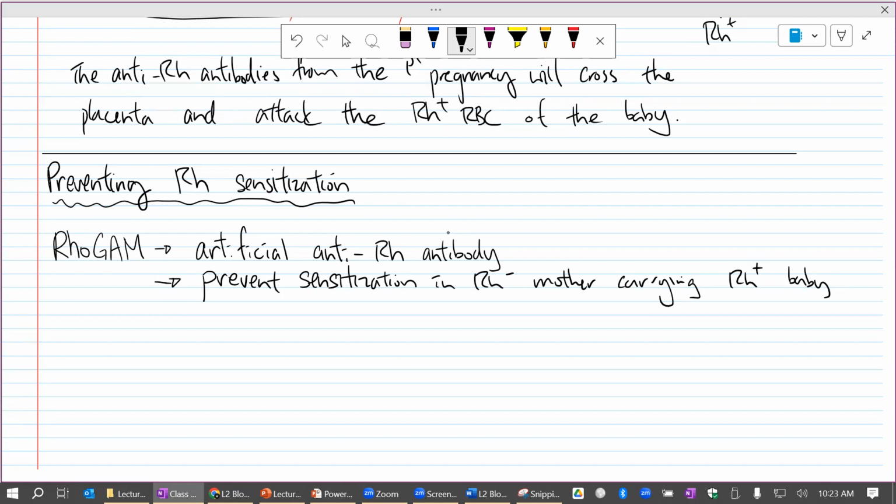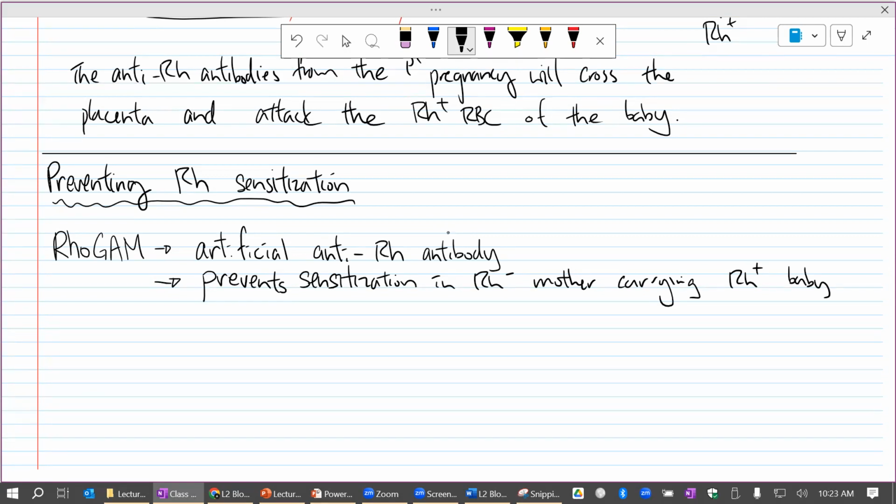Okay. Another key thing to know is that RhoGAM prevents sensitization. It does not cure or reverse sensitization. If you have already been sensitized, giving you the RhoGAM is not going to do anything. Okay.